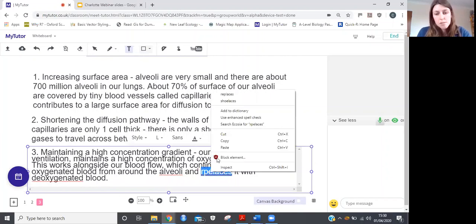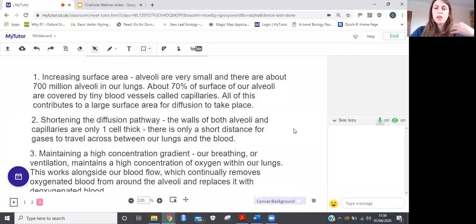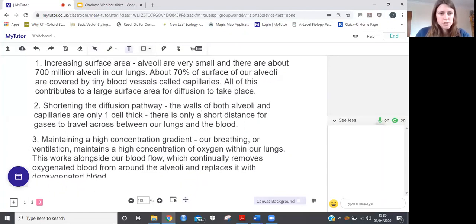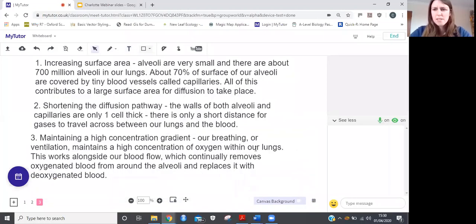So this means that the blood flowing past the alveoli is constantly low in its concentration of oxygen, because as soon as the gas transfer takes place by diffusion, that blood is taken away to the rest of the body where it's used. Let's just move this down slightly so that you can see all of that. So I hope that answers that question of what a concentration gradient is and why it's important to keep it high.